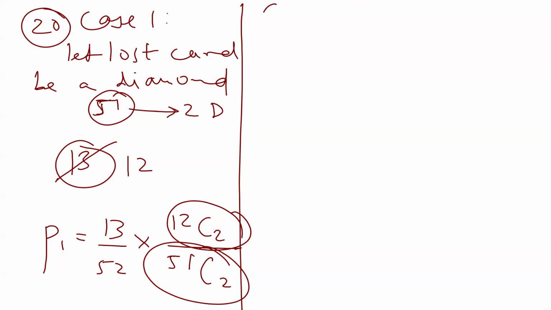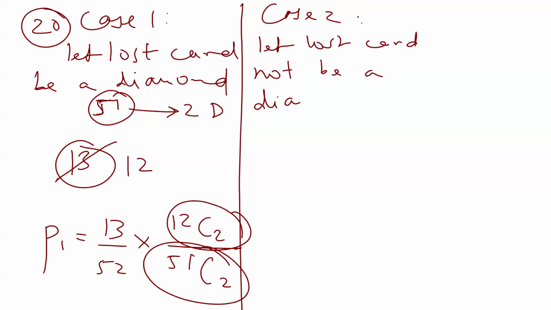Case two: let the lost card not be a diamond. So P2.